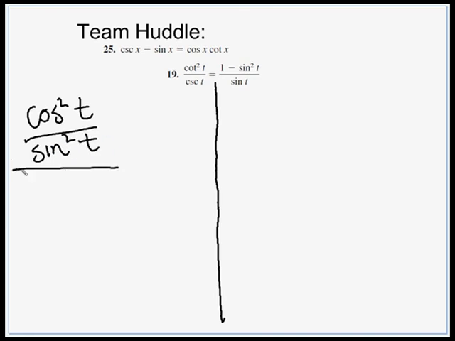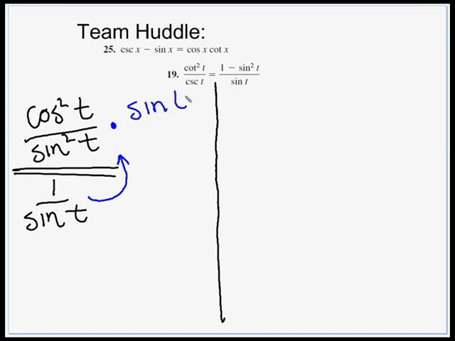And that's divided by this cosecant. Well, we can turn cosecant into a form of sine or cosine. Cosecant is 1 over sine. So we have a fraction divided by a fraction. To do that, we bring up the denominator, invert, and multiply. So this is going to turn into a multiply problem. This is 1 over sine t. So that becomes sine t over 1.